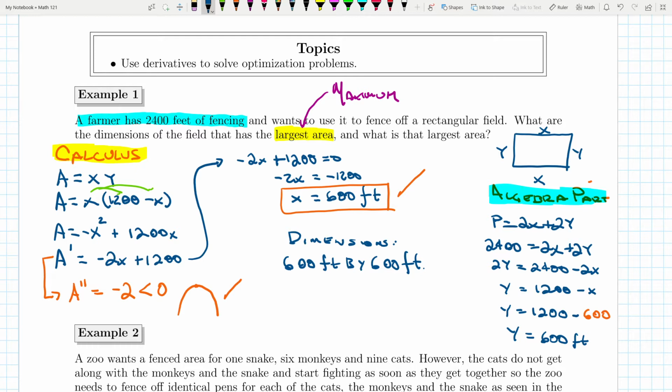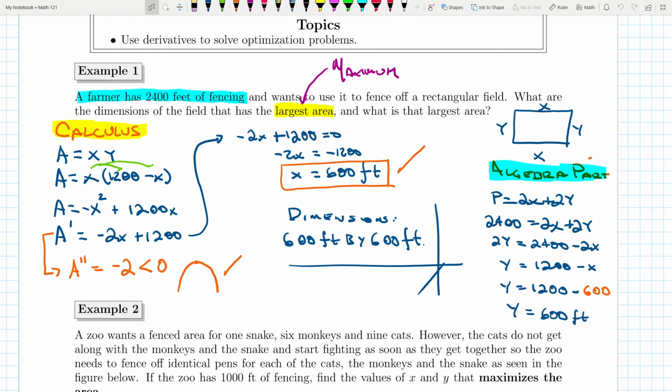All right, and that's the final answer pretty much. So this is one example of how we apply the first derivative and the second derivative test to determine whether we have a maximum or a minimum, and apply it to a context.